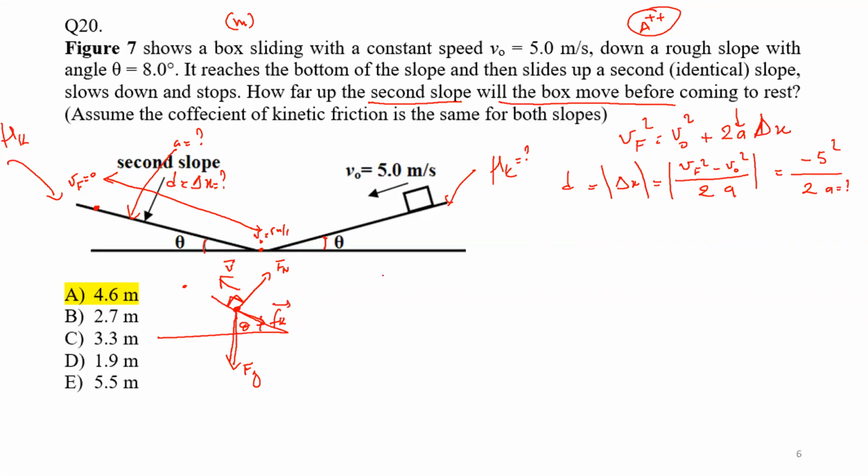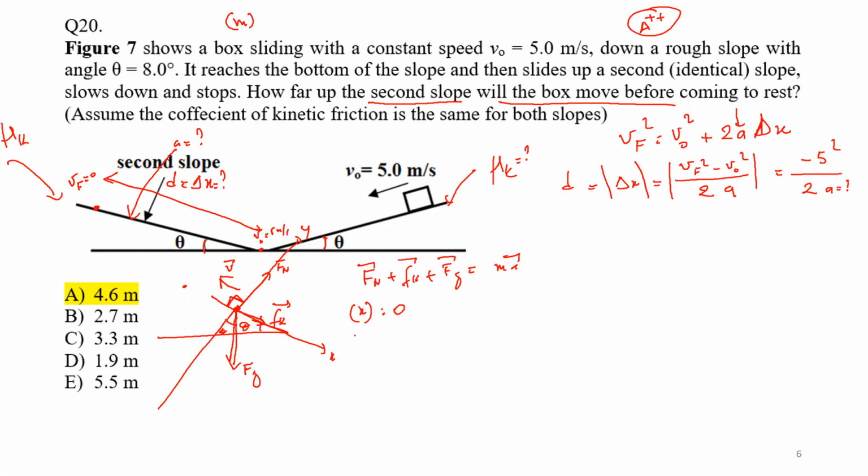Yes. Fk. So if I apply Newton's second law, I will have Fn plus Fk plus Fg is equal to ma. Now let me do it along the x-axis. By x-axis, I will choose this, and by y-axis, I will choose this. Of course, theta is coming back here. So Fn along x-axis is 0.